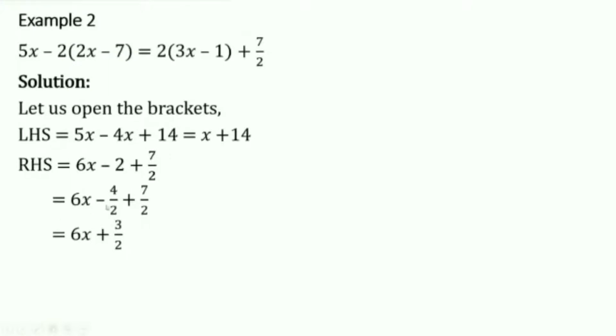Further simplifying, we'll have 6x minus 4 upon 2 plus 7 upon 2, because here 2 is having 1 in the denominator and here 7 upon 2 is there. So we'll be multiplying this 2 with 4 and we'll get 6x plus 3 upon 2.